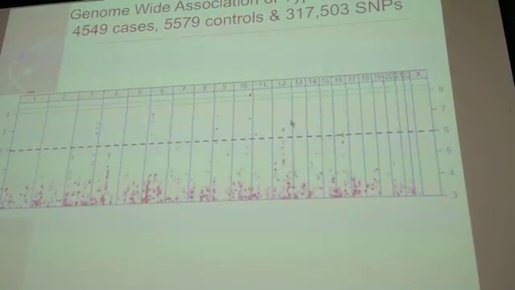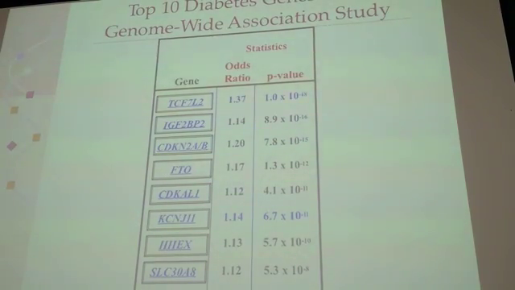But this shows for this trait where the p-values, where the strength rises above this dotted line. The dotted line is a threshold for meaningful associations where the strength is so strong that it can't be explained simply by chance. And so what this illustrates here is the top 10 list for this study.